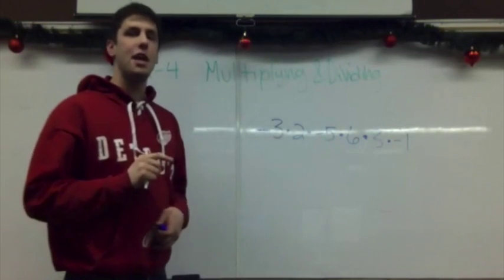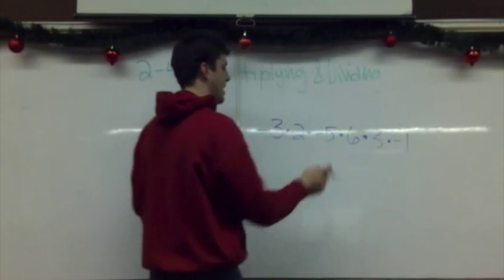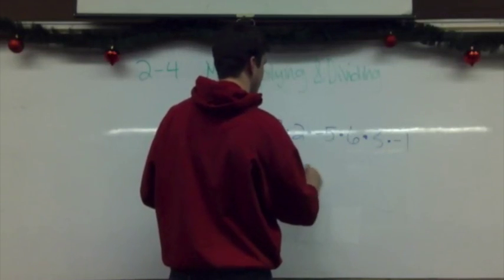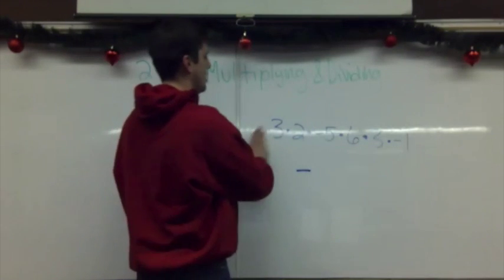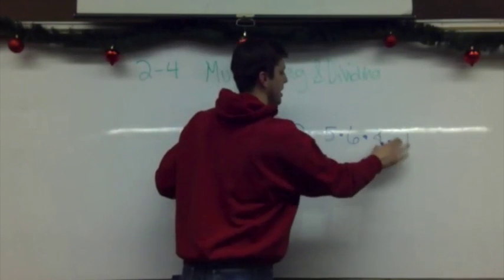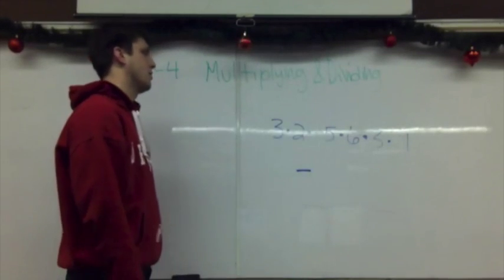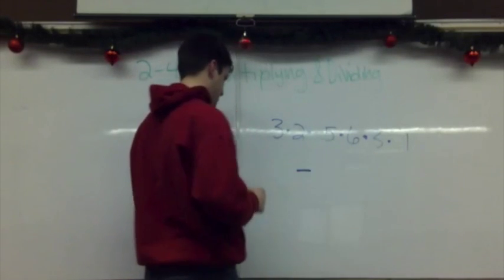That is an odd number of negatives. Therefore, this entire phrase of multiplication is going to end up being a negative. Now that we know it's going to be negative, we can ignore the signs, even erase them, and then just multiply the numbers, which I'm not going to do right now. But it would be a negative number.